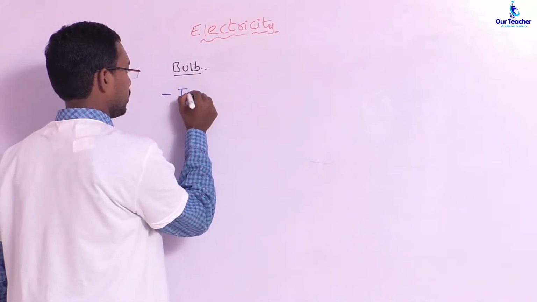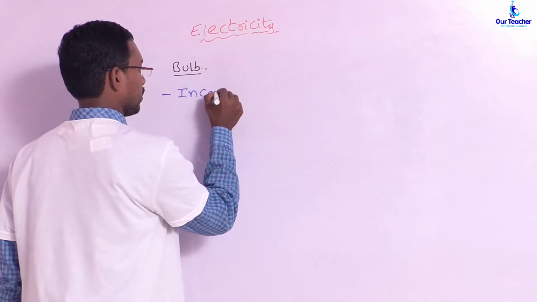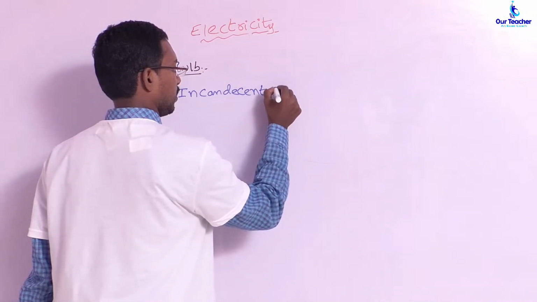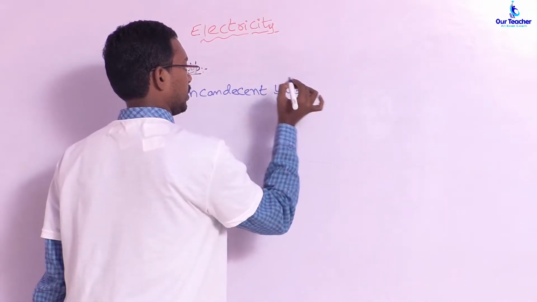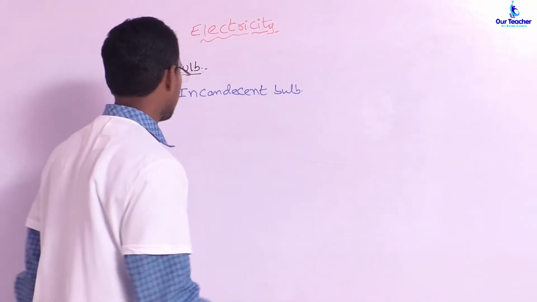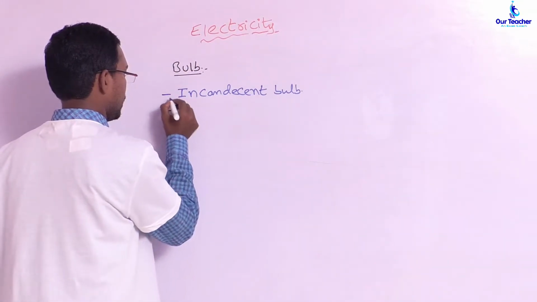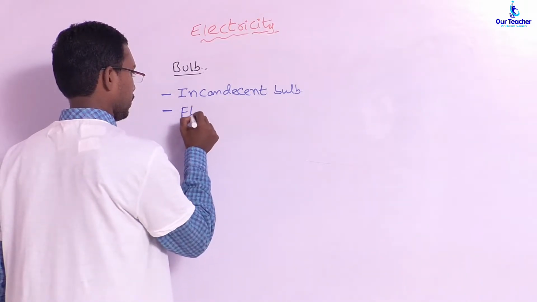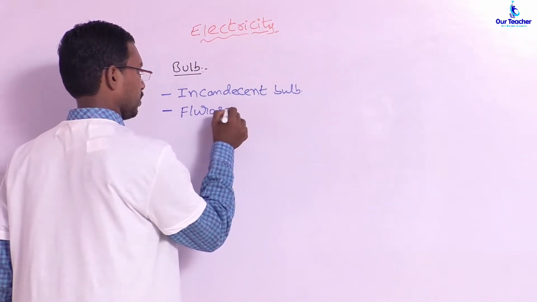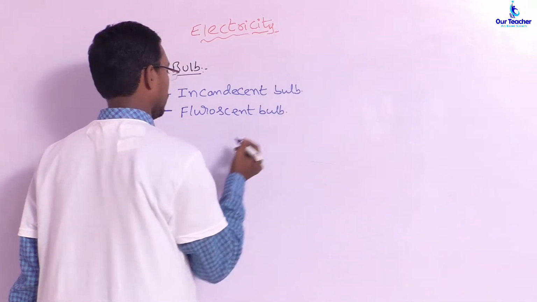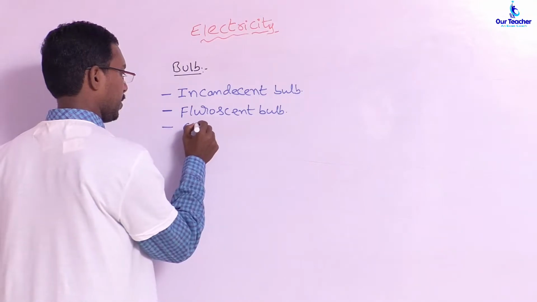incandescent bulb, which is nothing but the tungsten filament bulb, invented by Thomson. Second one is the fluorescent bulb. Third one is the compact fluorescent bulb.